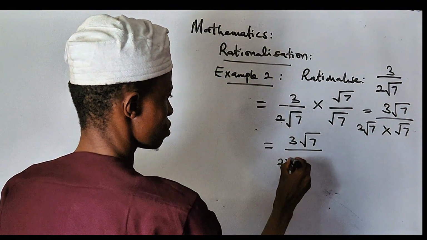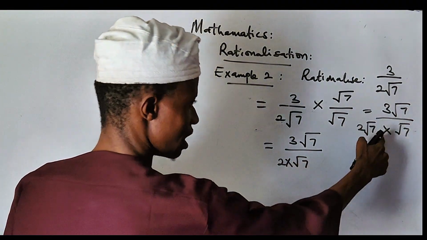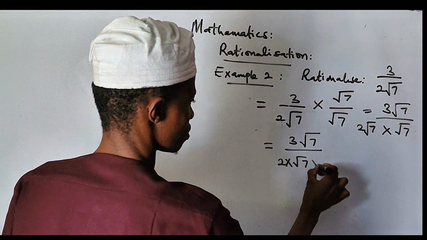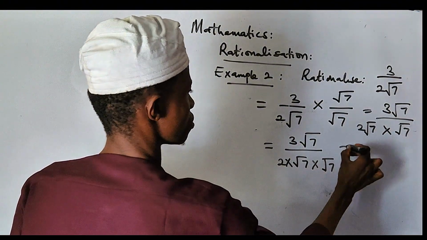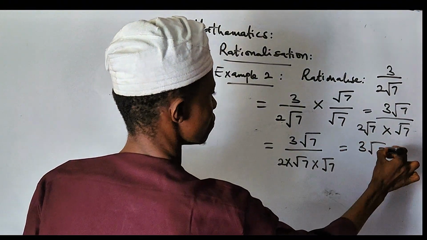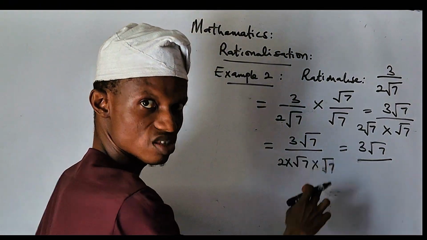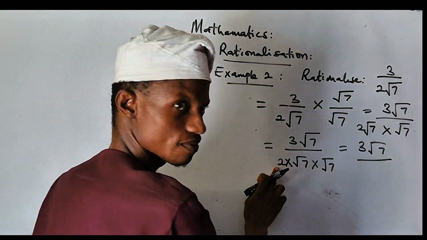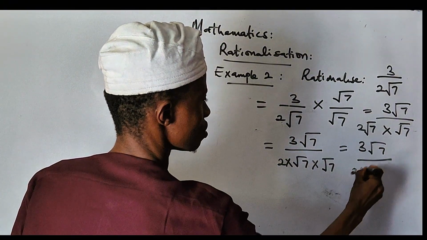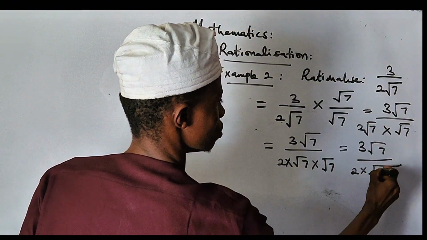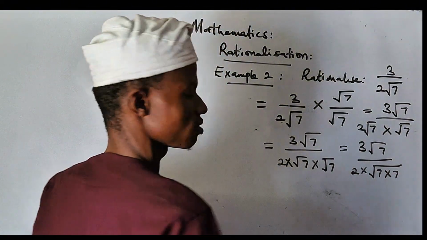So 2 times root 7, then another root 7 times root 7. So I have 3 root 7 over, remember, root 7 times root 7 will be root 7 times 7. And I have 2 here. So I have 2 times root 7 times 7.